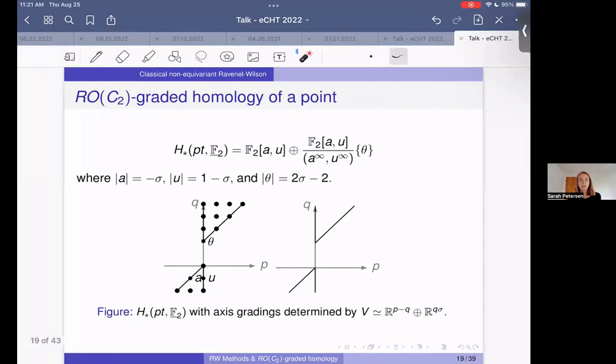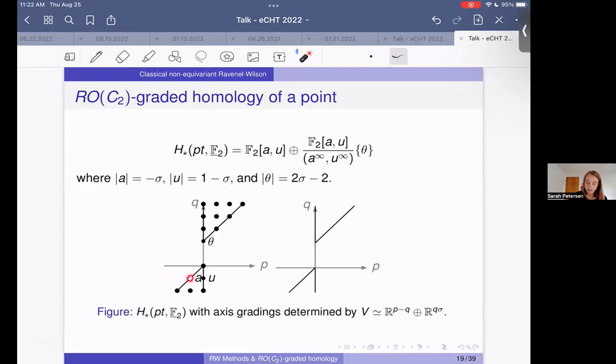So the first thing one encounters when doing equivariant computations is that the RO(C2)-graded homology of a point is much more complicated than the homology of the point in the non-equivariant setting. Specifically, it's an infinite dimensional non-Noetherian ring, and it has a few distinguished generators: a, u, and theta.